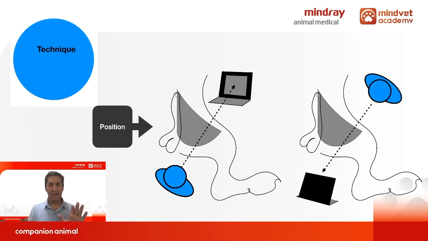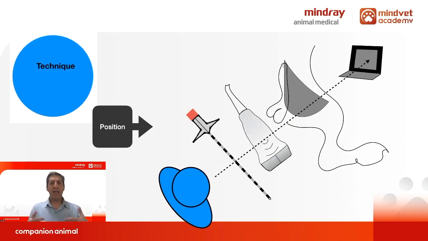Then ideally, this should be the orientation. The practitioner, the needle, routinely handled by the dominant hand, the probe, which is handled with the non-dominant hand, the animal, and the screen of our ultrasound machine.